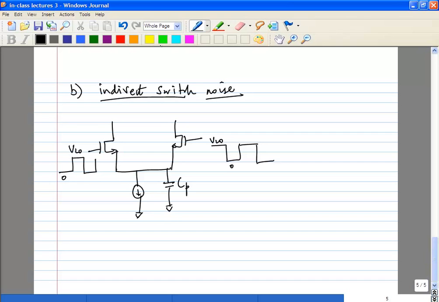What we are going to do is, you can redraw the circuit slightly differently for the two half cycles. First of all, before we do that, let me add the noise.